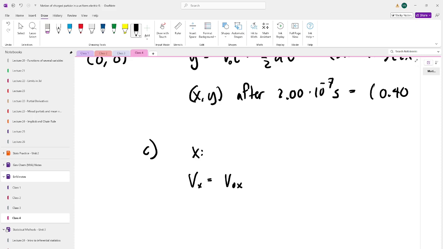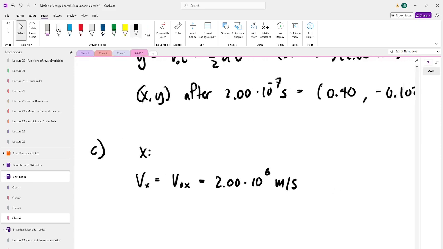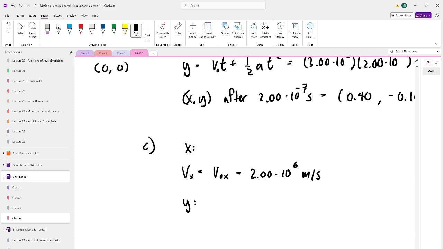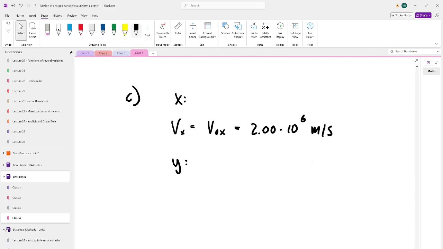There is no acceleration. And we were given that initial speed, which is 2.00 times 10 to the 6 meters per second. And then in the y direction, it's a bit more complicated, but we know that v_y is equal to v0y plus the acceleration in y multiplied by time.